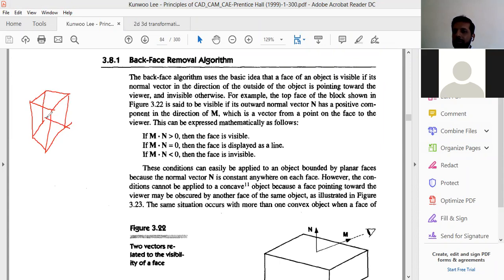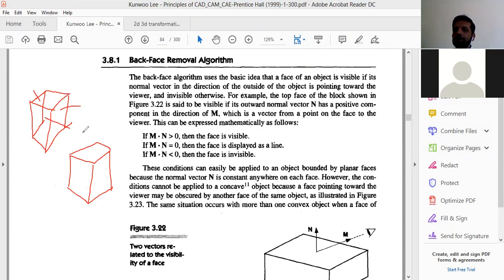Now this is actually how the object looks, say for example. When we do isometric drawing, whichever faces or lines are behind, we draw it like this so that only the faces in front are visible, but not the faces on the back side. So these two faces are not going to be seen.